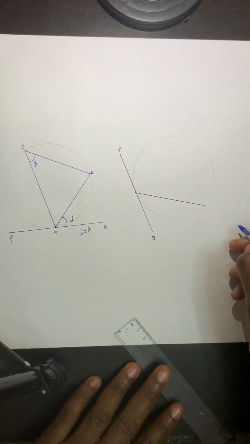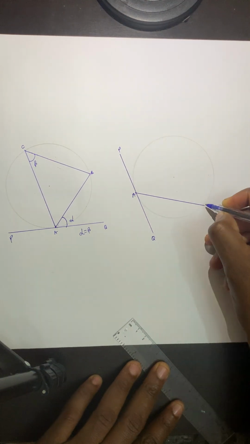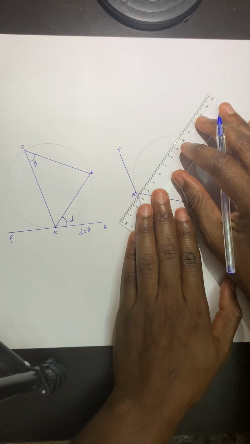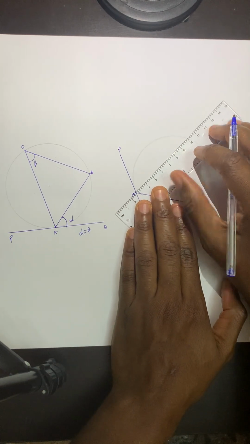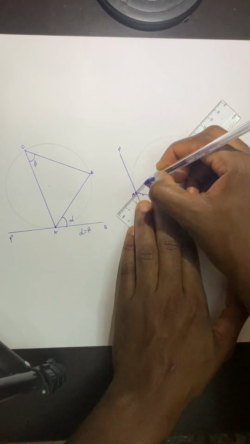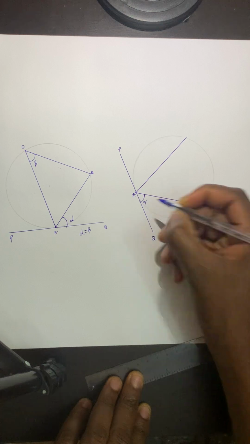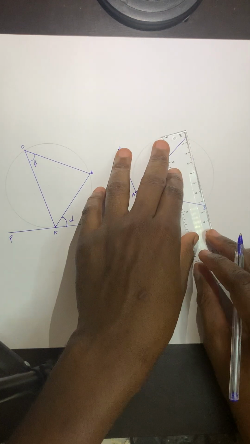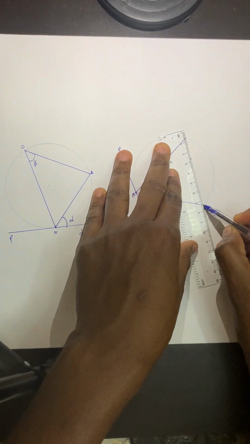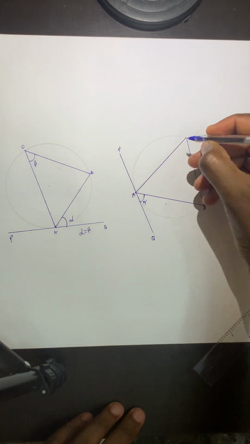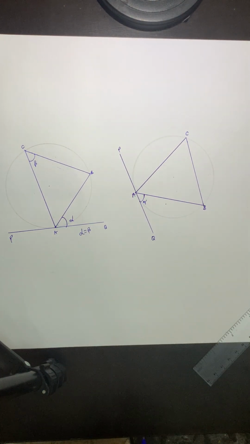This is chord AB. Similarly, I can extend from A up to any part of the circumference in the alternate segment, because this is the segment of reference. This is alpha. And then from B, I join. If I call this point C, where is our beta?